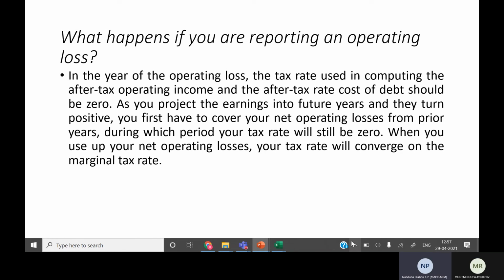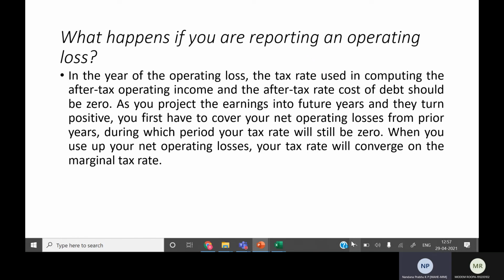But there is one rule in the Income Tax Act which says that prior years' operating losses can be set off against future years' income. During those years also, the tax rate will be 0. But after that, when you use up your net operating losses, you have set off your net operating losses against net operating income. Your tax rate will be the marginal tax rate.